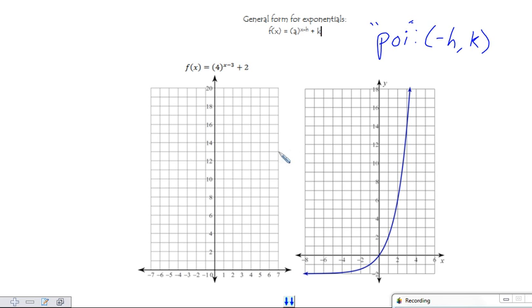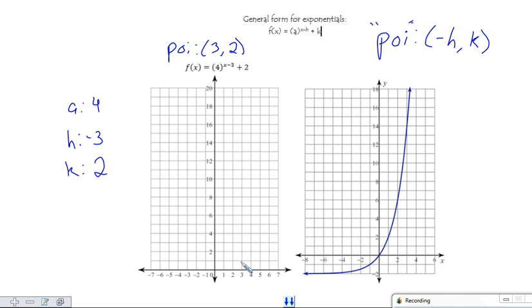Okay, so it's a little bit different though. So in this one, our POI, just kind of go with me on this. Since this is -3, let's do this. A, H, and K. Our A is 4, our H is -3, and our K is 2. So our POI would be +3, 2.